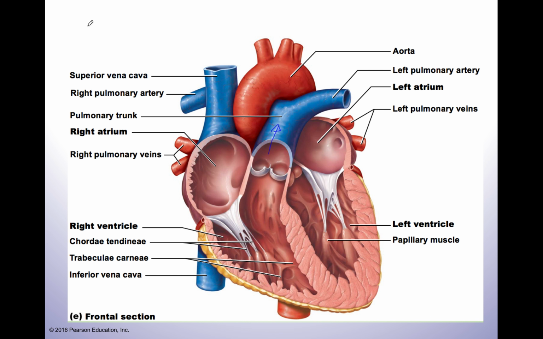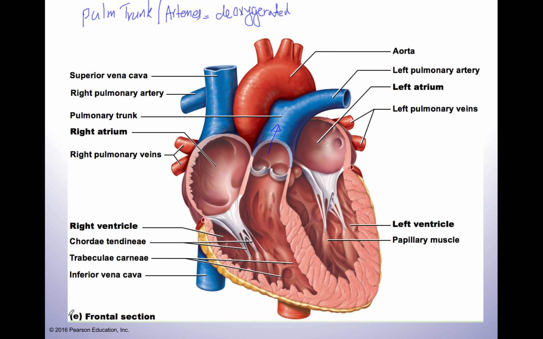So, among the blood vessels of the heart, pulmonary trunk and arteries are carrying what type of blood? Deoxygenated, even though they are what? They're considered to be arteries.